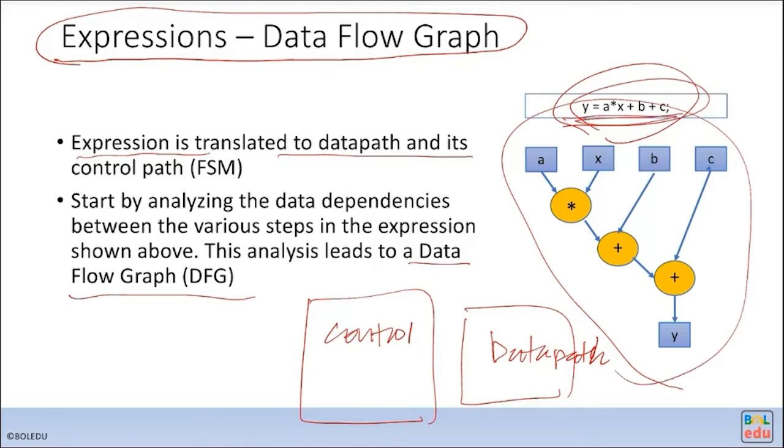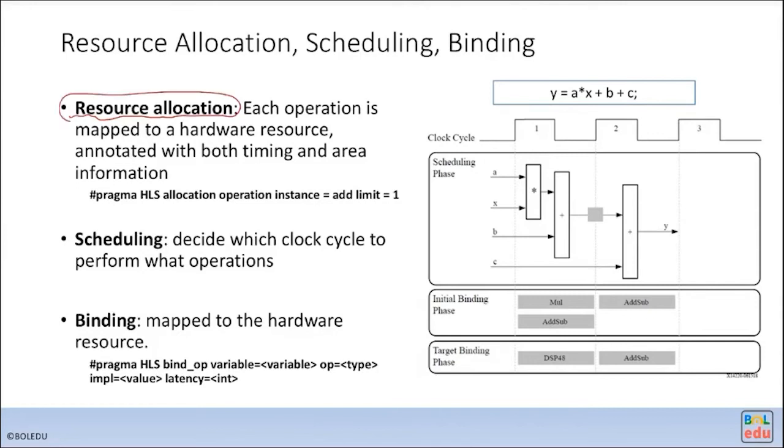Next step, you will do the resource allocation. That means for each operator, you will specify what hardware resource you will be using. For example, you need a multiplier, you need an adder. At this stage, the user can specify how much resource you want to allocate.